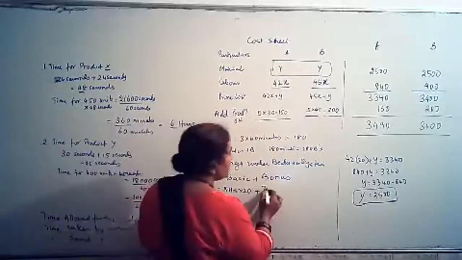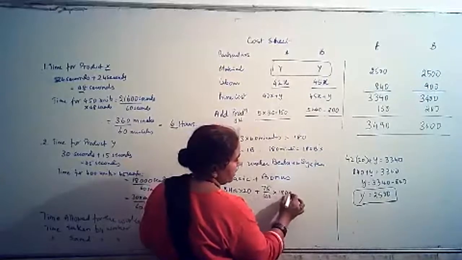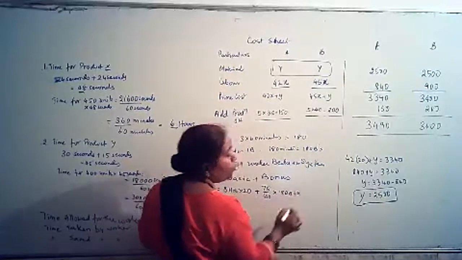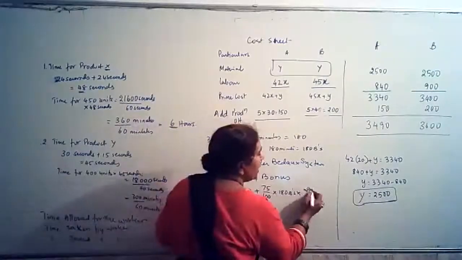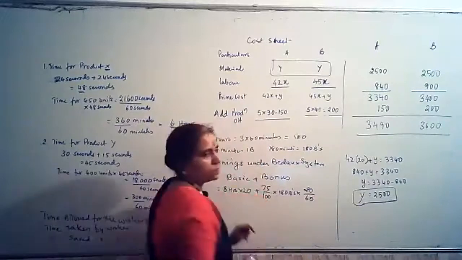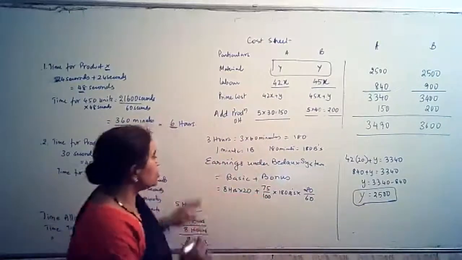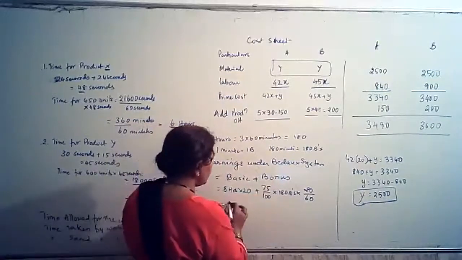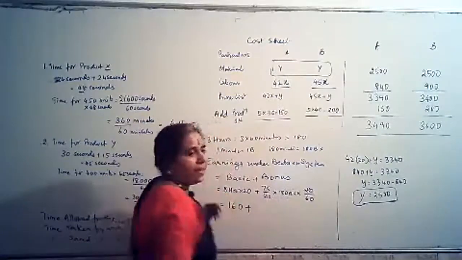So 75 by 100 into 180 B's into the rate. The rate is 20 rupees paid for 60 minutes. So 8 into 20 is 160 rupees, plus 75% of 180.